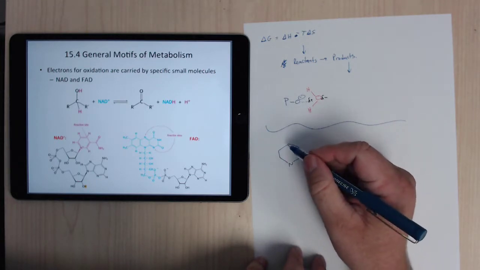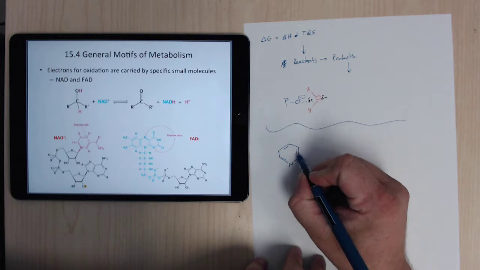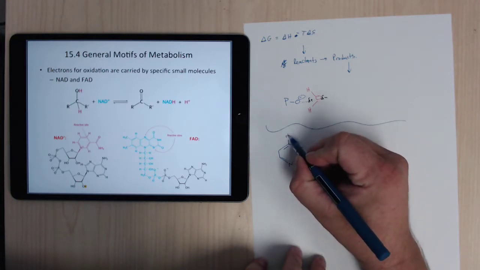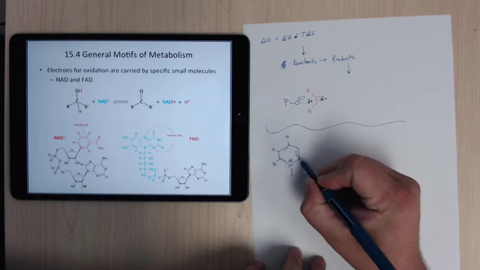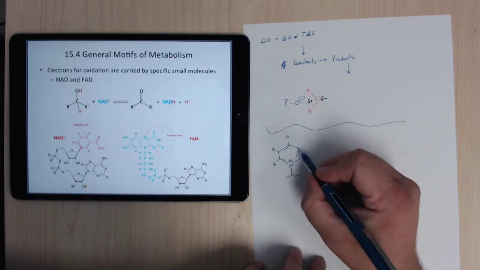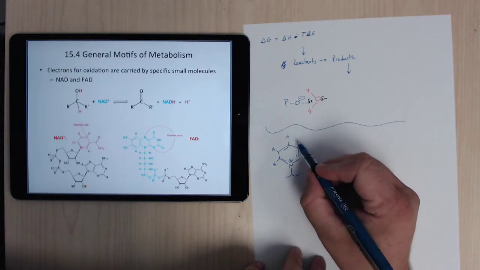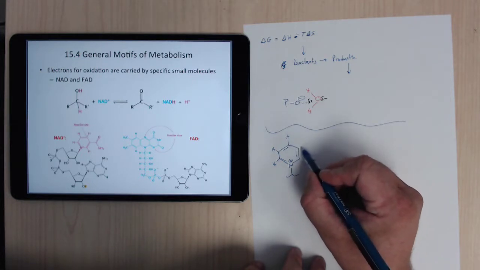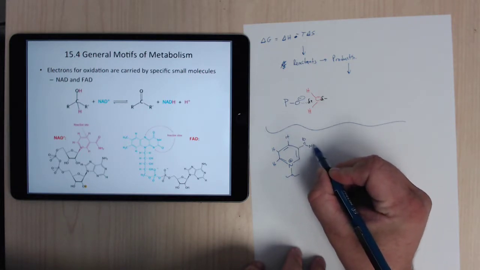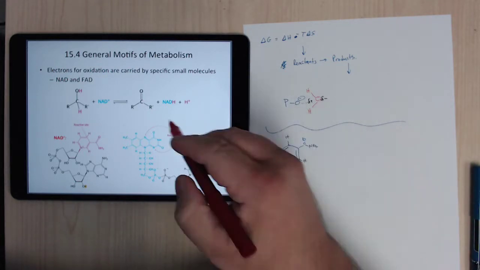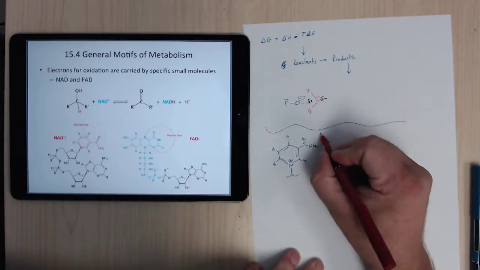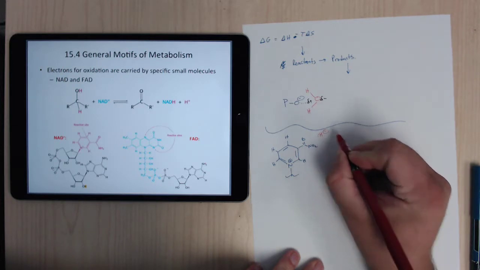So if this is NADH, drawing these hydrogens, that's the rest of the NADH, and this is the NH2, H. This is going to be coming in essentially as a hydride.